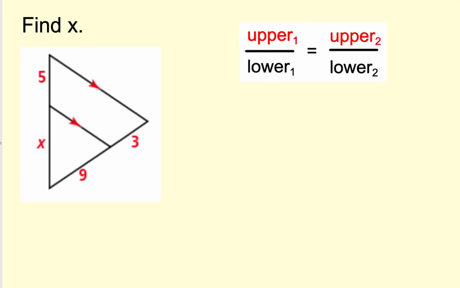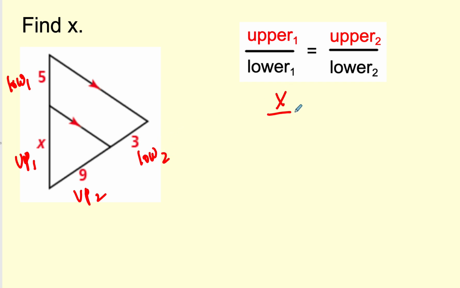All right, now let's take a look at this problem. This is a review from yesterday. This is side splitter. Notice that the parallel lines are cutting these two sides into upper and lower, upper and lower. I'm going to call this upper 1, and this is, I'm going to call lower 1, upper 2, and then this will be lower 2.